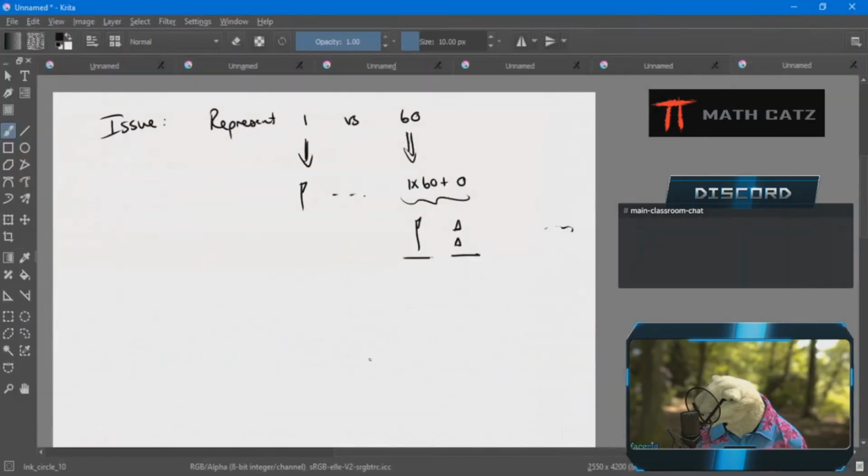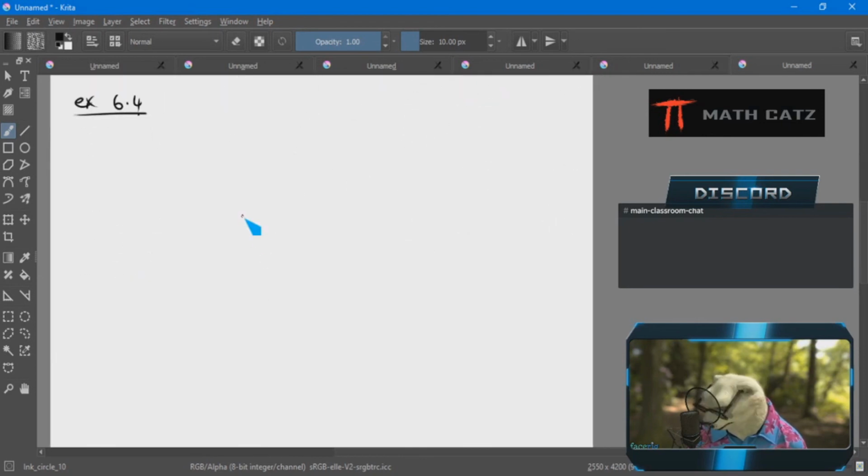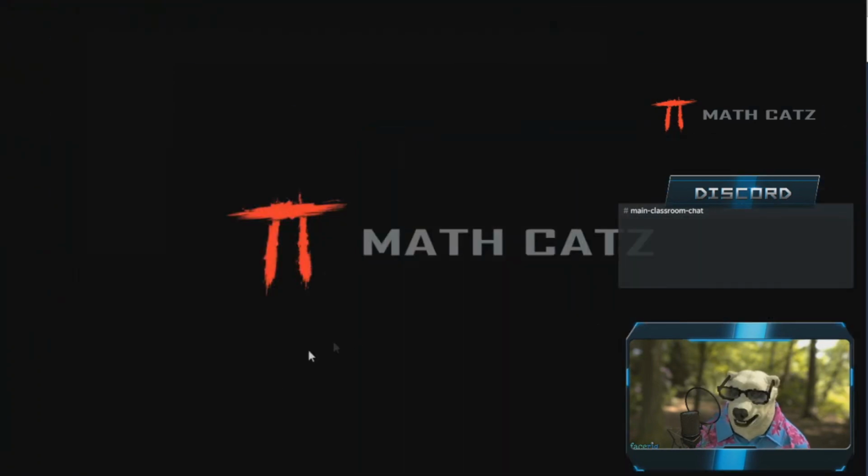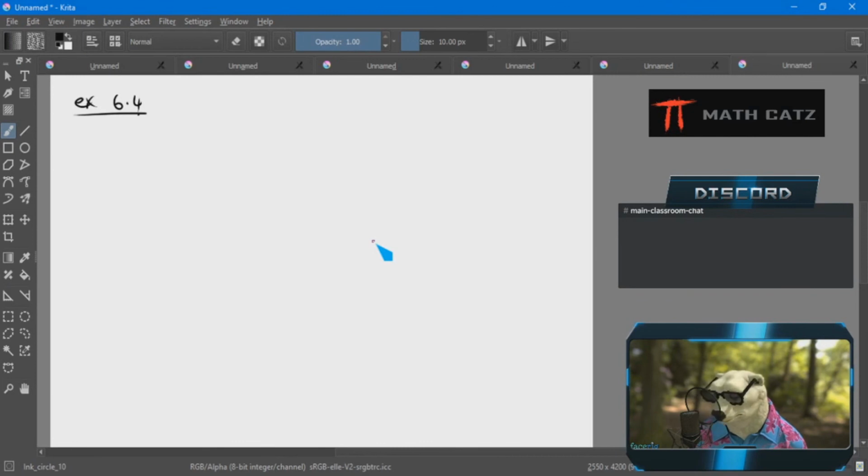We don't need to do all of these exercises, I feel, in class or on a video, it's essentially all the same with the exception of this new little empty place symbol. So I will do the first one of each, and I leave the others to you as extra practice.